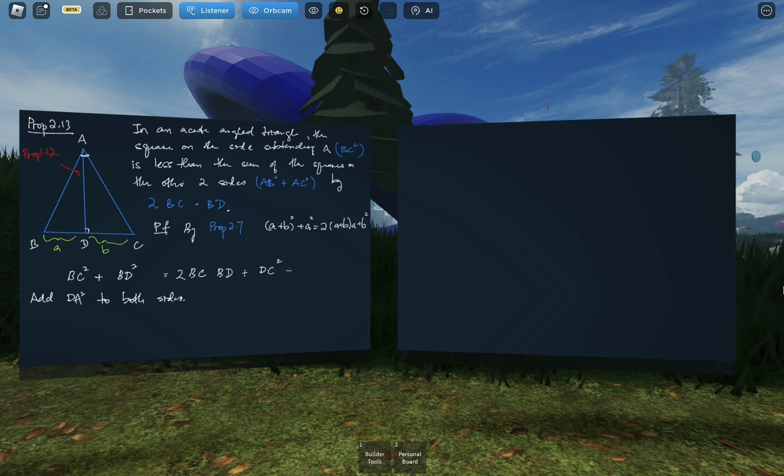Okay, so we're going to just do that, plus DA squared plus DA squared. Remember, DA squared is this length here. It's that vertical line, the perpendicular line that we drew from A to BC. And by Pythagoras, we can see that these quantities are actually just equal to the square on the hypotenuse. And so we can just sub those in. So by proposition 1.47, we get that BD squared plus DA squared is equal to AB squared.